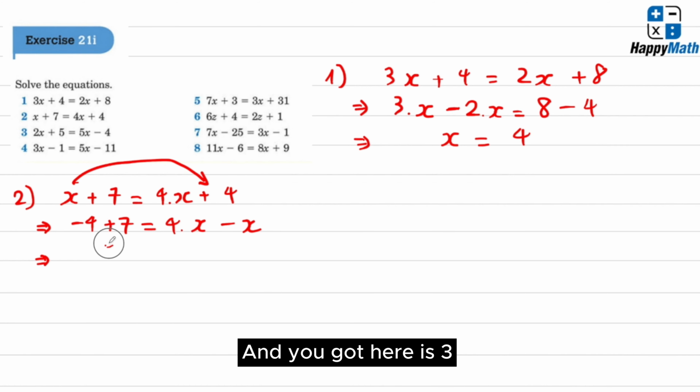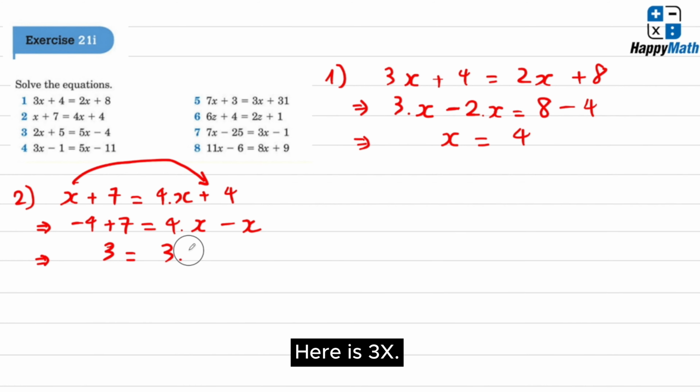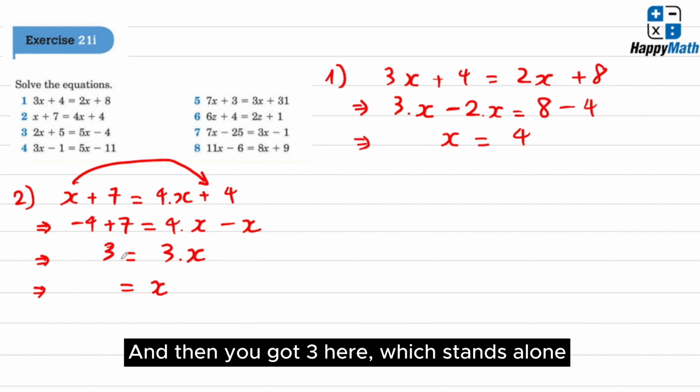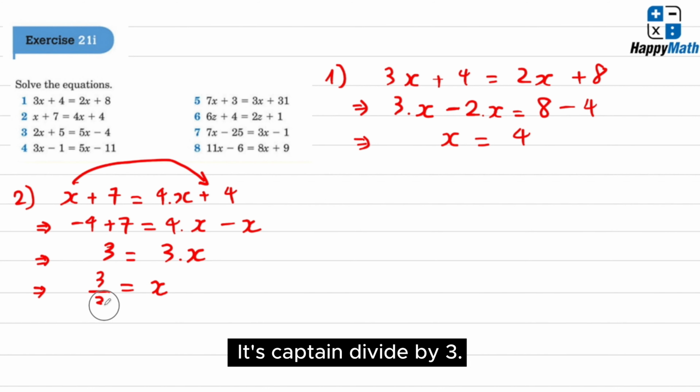You got 3 here, and 3x here because 4x minus x becomes 3x, and then you got 3 standing alone, so apply captain divided by 3. You got 1 equal to x.